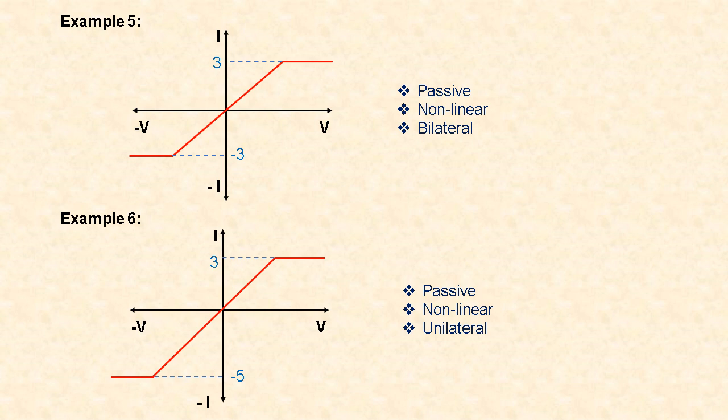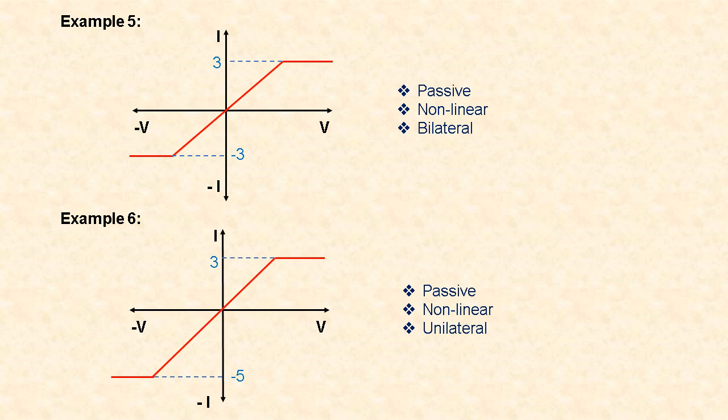If you see example 6, the VI characteristics is not a straight line passing through the origin, and also it doesn't have the constant slope throughout. So it is a non-linear element, and also it offers the positive impedance value in first quadrant as well as in third quadrant.